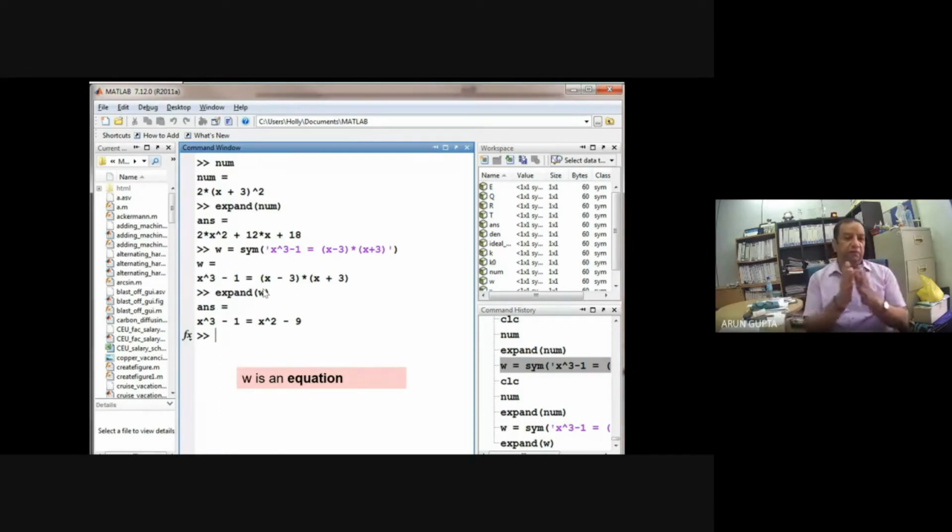In the class we can cover the main points, we cannot cover each and every detail. So whenever you are free, you can start checking, or do trials on whatever examples are there in MATLAB. So suppose here the equation is W is equal to sym, single quote, you write down the equation, and then you write expand W. So MATLAB will expand.